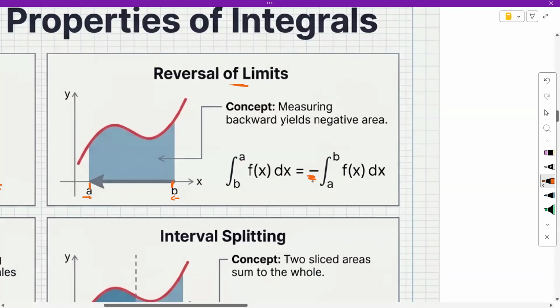If you want to reverse, earlier this form was in this form. Now the upper limit is A, lower limit B. Actually, it should be the other way, right?